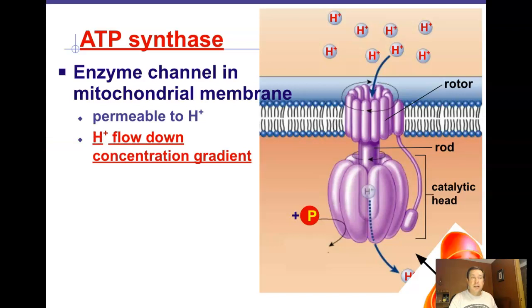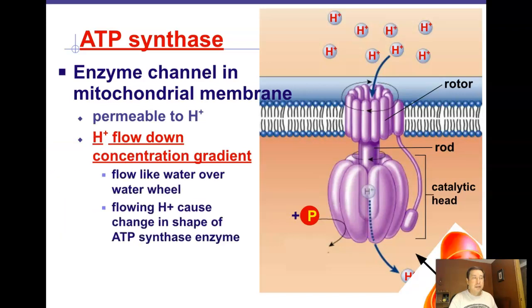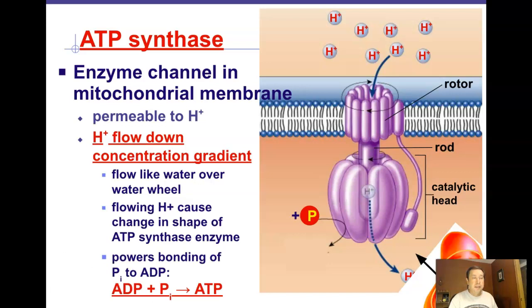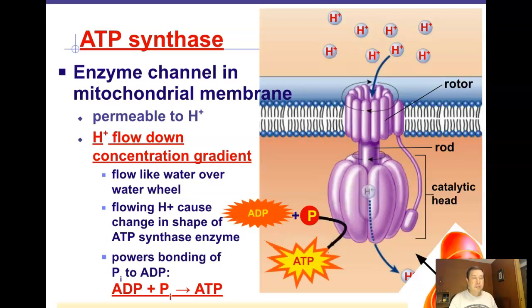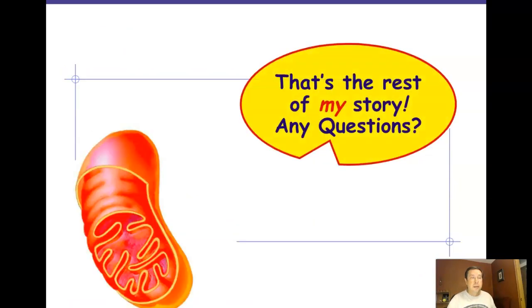So the hydrogens move down that concentration gradient, kind of like a water wheel, and that spinning is what creates the energy to convert ADP into ATP. That proton pump is formed through another mechanism, and we'll talk about that when we talk about cell respiration and photosynthesis.